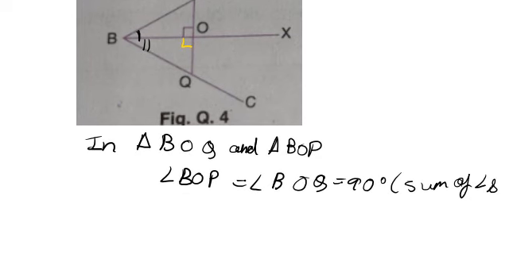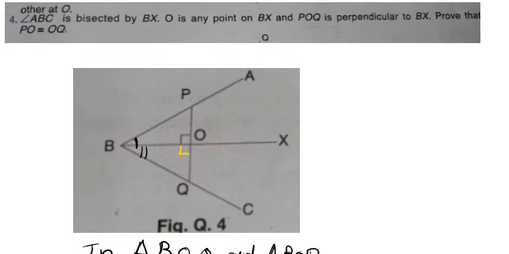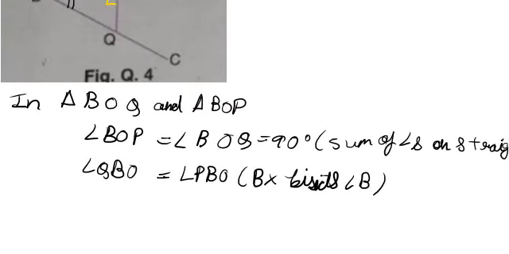So angle QBO is equal to angle PBO, and the reason is BX bisects angle ABC. You can make it in any other form as well, fine. So you see that BX is bisecting ABC, it's given here. So BX bisects ABC, that is why the two parts will be equal. Now you see here that it is being bisected.